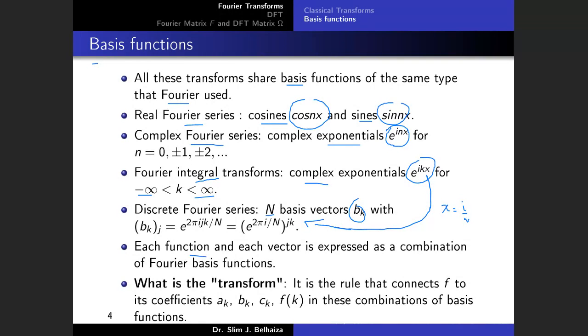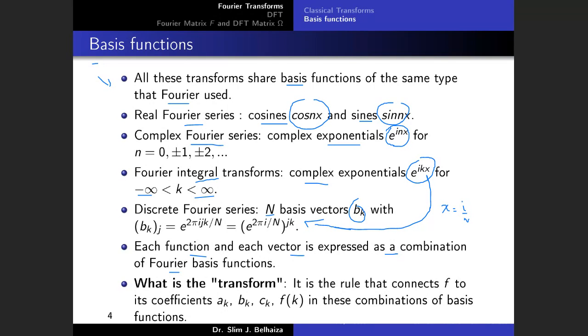So each function and each vector is expressed as a combination of Fourier basis functions. These are the basis functions we usually use: the cosines, the sines, the complex exponentials, e to the power inx or e to the power ikx. And in the case of discretization, you replace the continuous variable k or x by j over n.